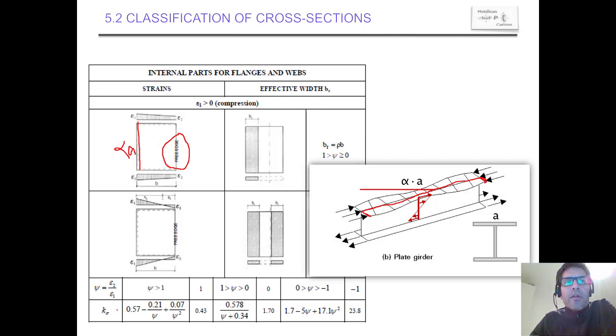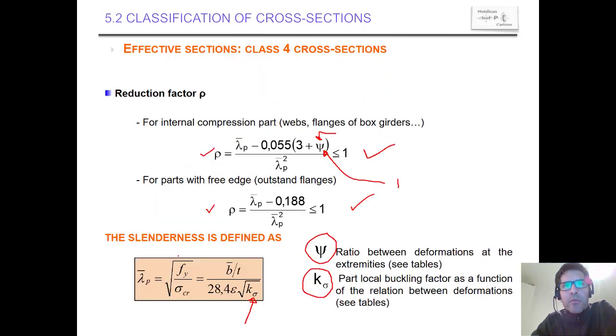So if we go here to search for the K sigma, we have another value different from the previous one. We have 0.43. That goes to the formula to calculate lambda and then rho, and in this case it is very important to point out that we will use the formula for parts with a free edge.